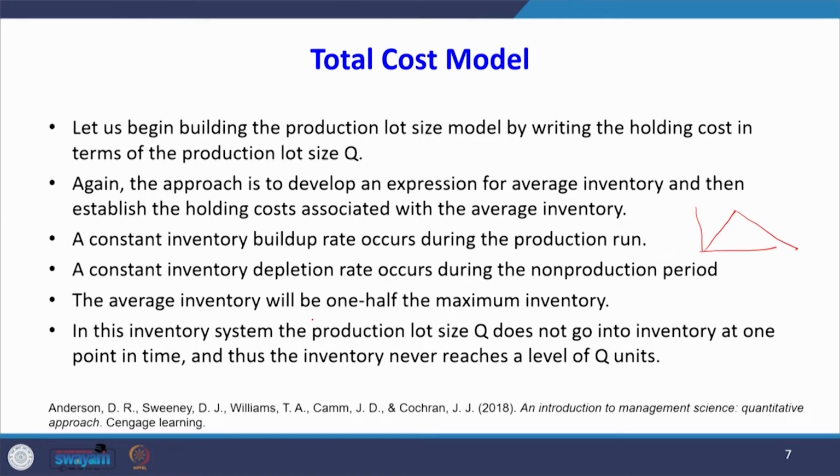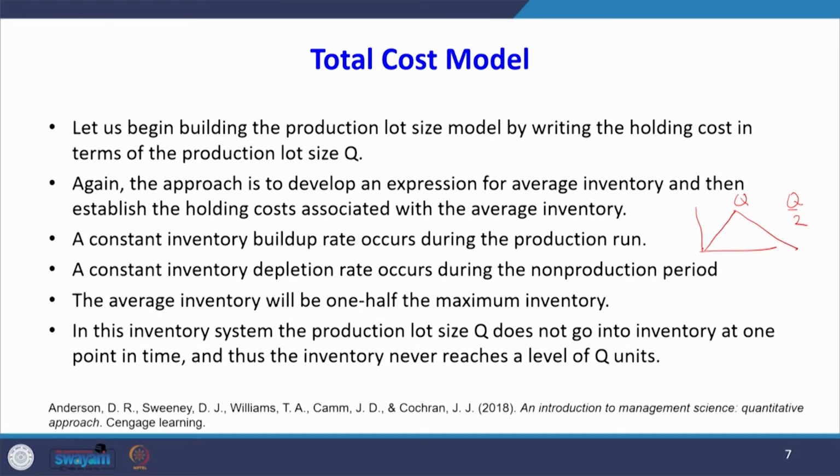The average inventory will be one half of the maximum inventory. Suppose this is the maximum inventory; half of this, similar to what we did in the EOQ model, is the average inventory. In this inventory system the production lot size Q does not go into the inventory at one point in time.